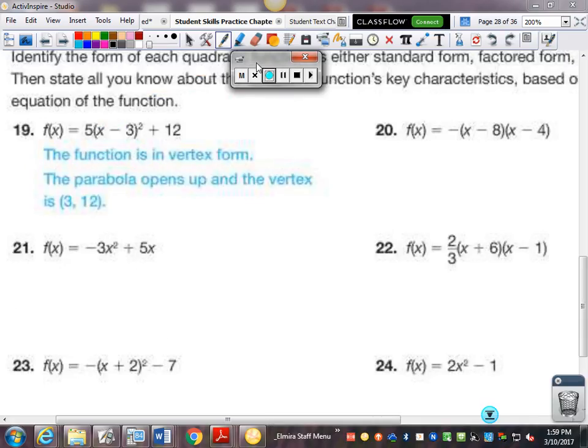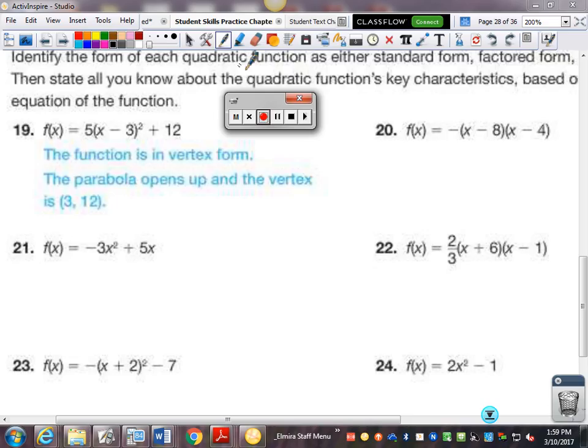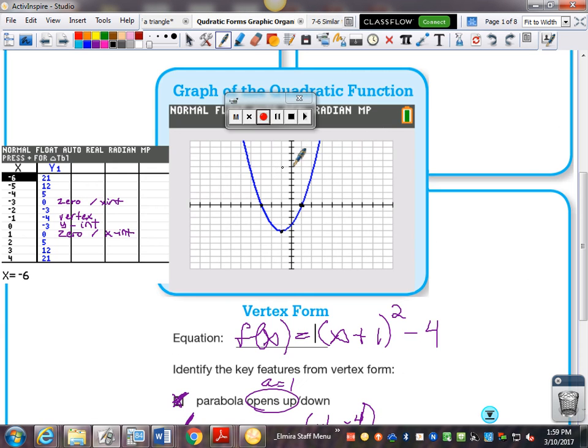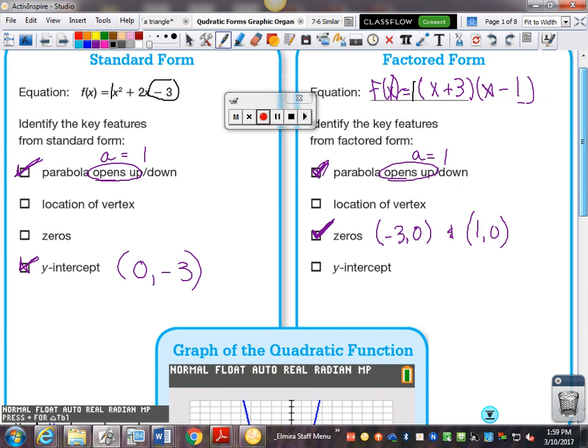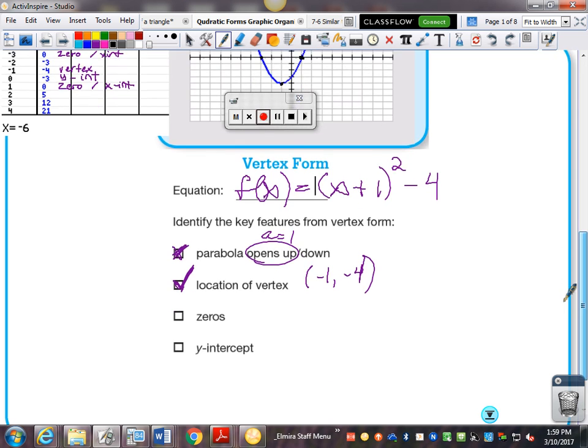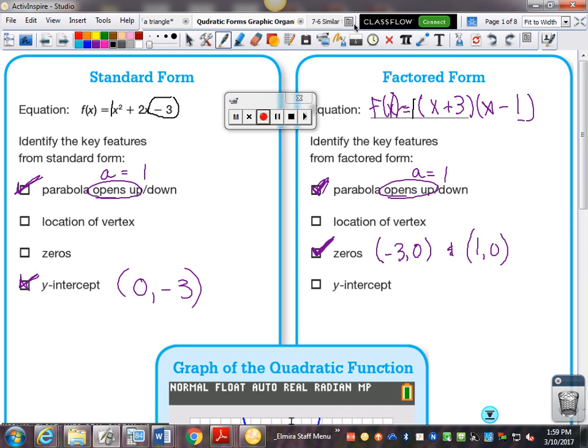In this section, you are identifying the form of each quadratic as standard, factored, or vertex, and then talking about all you know. What you'd really be referring to is this graphic organizer that we did in our textbook: standard form, factored form, and vertex form, and what do we know about each?